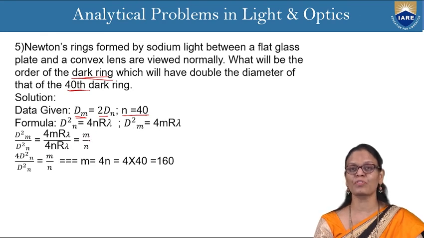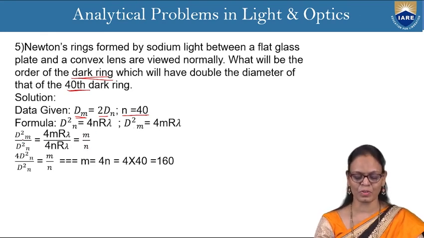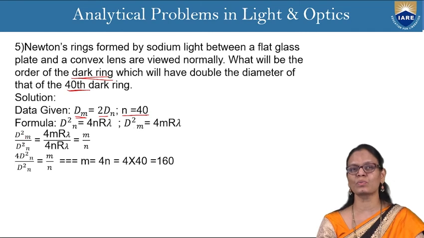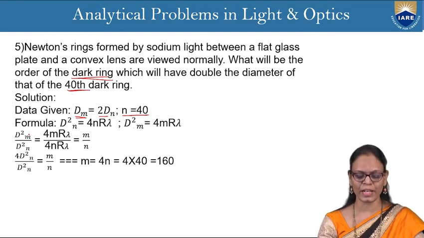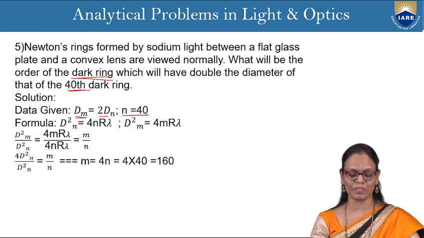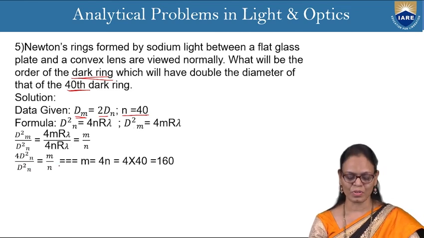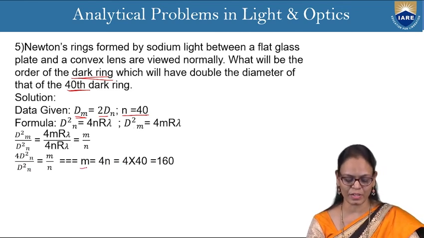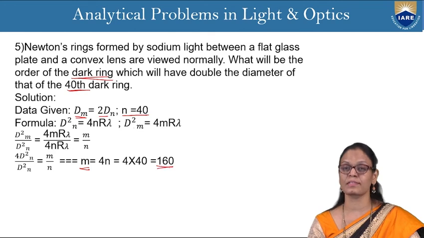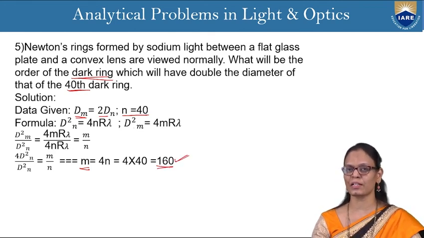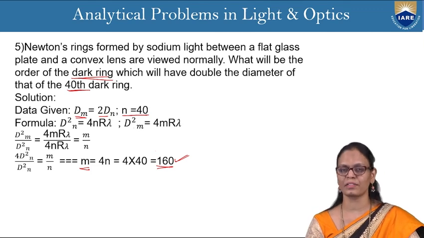So we only have to find the order of the ring. The relation between the two diameters is given: dm is equal to 2dn, so dm square will be 4dn square. Just substitute and you will get m is equal to 160. So the 160th ring will have the diameter double that of the 40th ring.